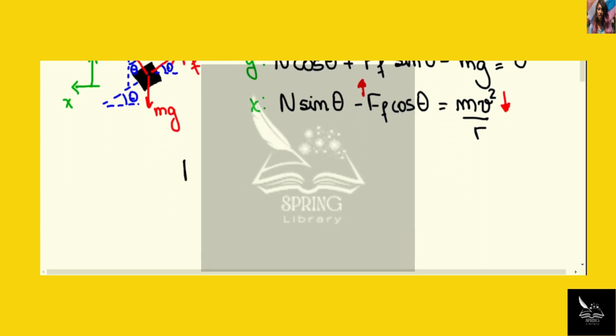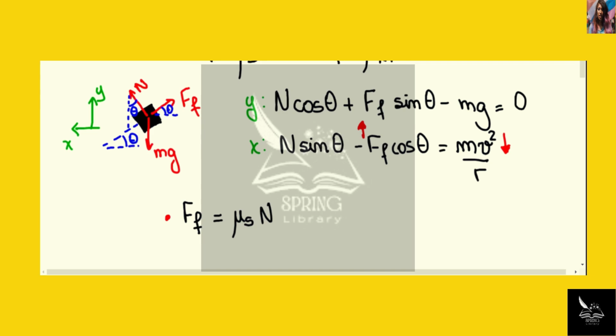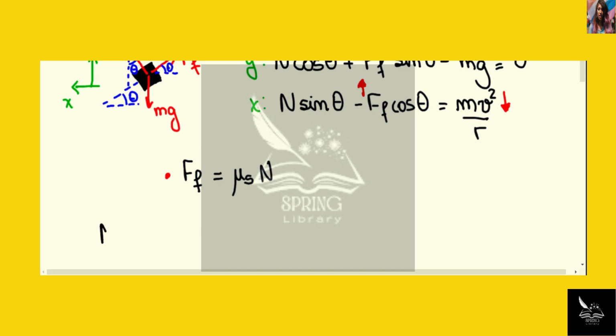And we know that the greatest value that the friction force can have, so that the spool does not slip down the rod, is equal to the coefficient of static friction times the normal force. So I'm gonna substitute this into our equations. First, into the equation for the y-coordinate. So we have n times cosine of theta plus mu s sine of theta is equal to mg.